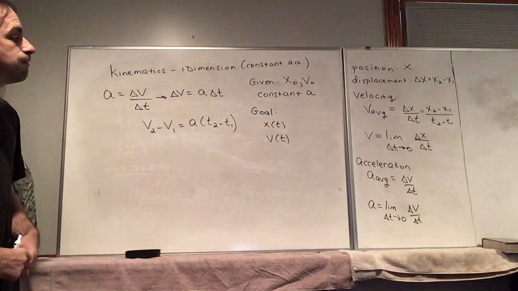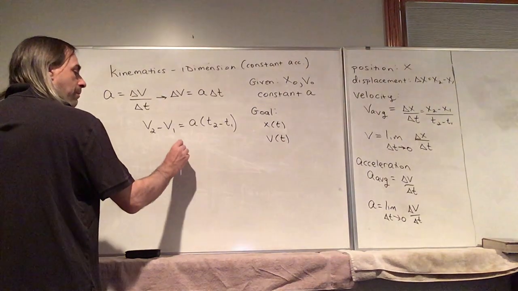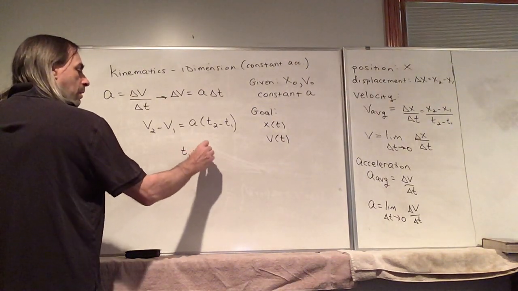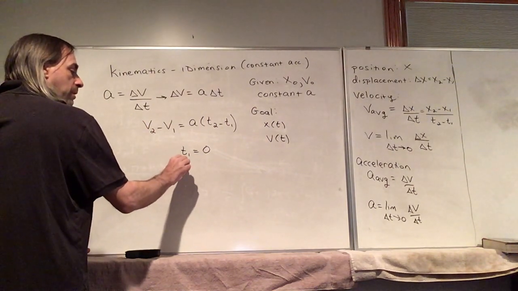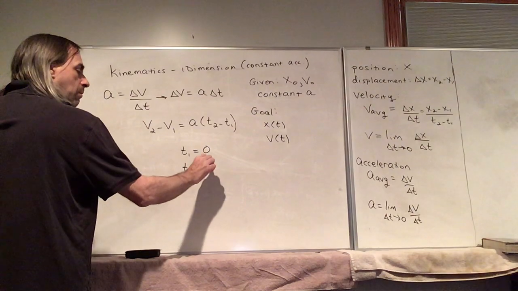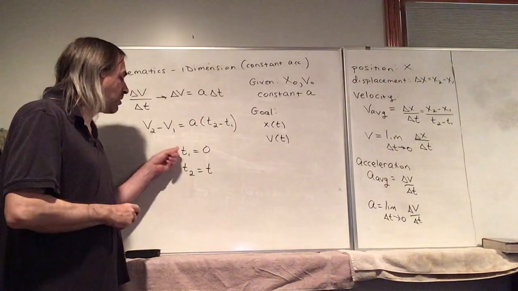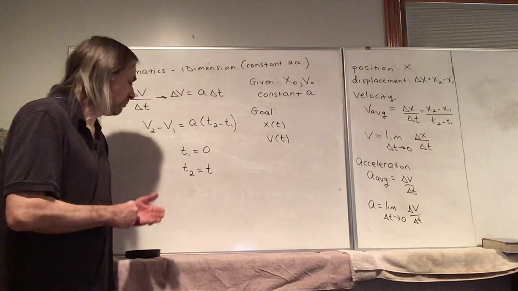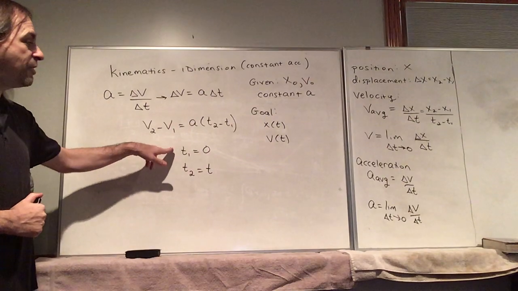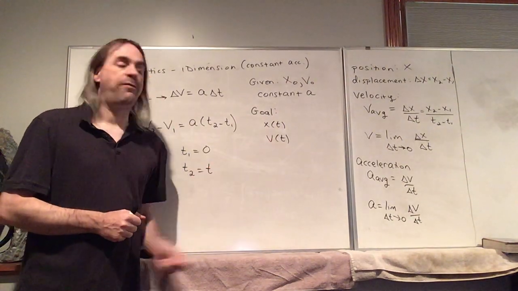But what we're going to do is say that t1 equals 0, and t2 is just equal to t. So what we're doing is calling this first point, let's just set the clock at t equals 0. And then t2 is some arbitrary point where we want the velocity as a function of time.